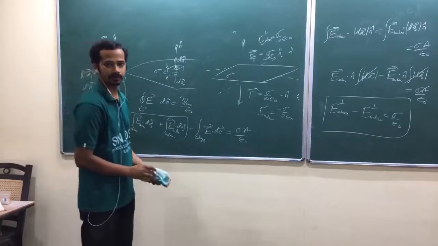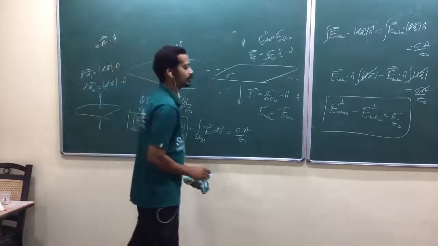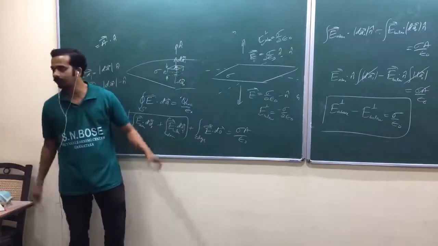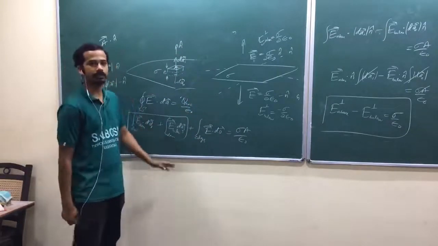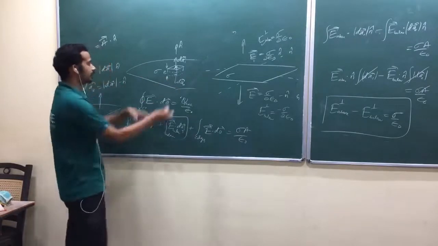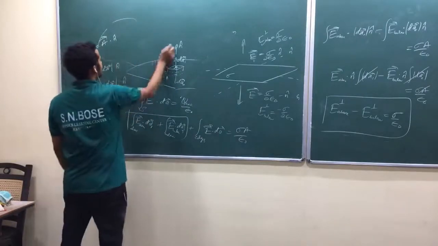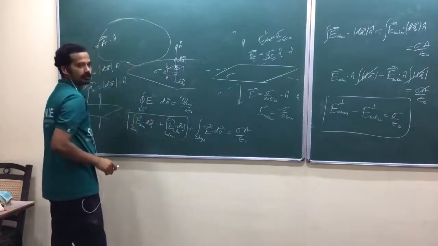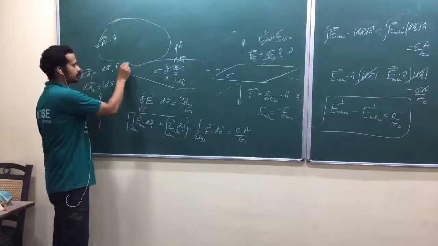That was a special case. But while deriving, you can't assume the electric field is always away from the plane. That's only for symmetry. This may be a fraction of the area. I may have a very weird surface, remember. I may be taking some patch of area which has a surface charge.